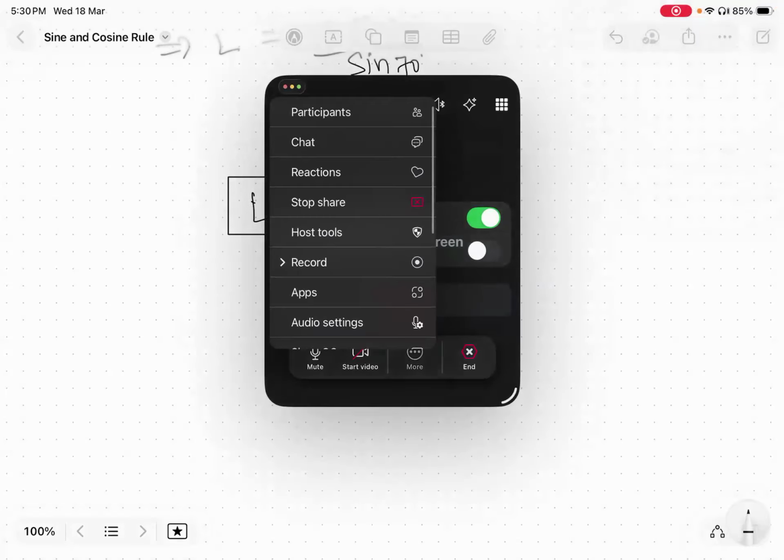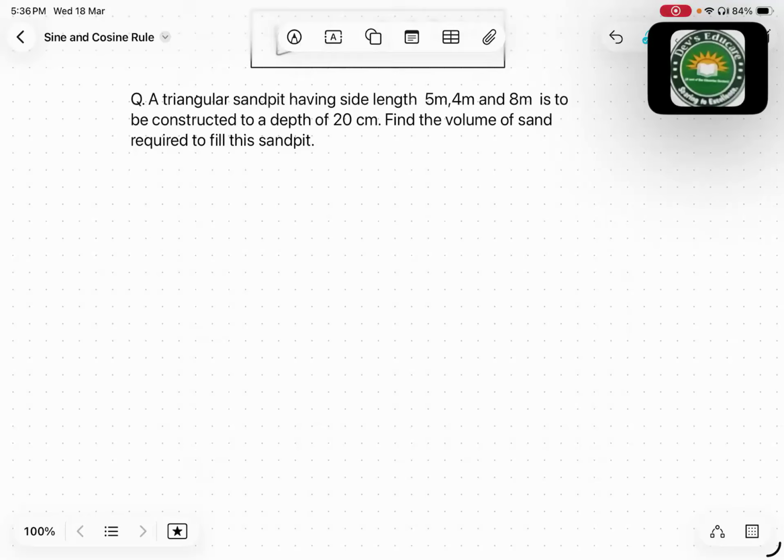Now, the second question we are doing: a triangular sandpit having side lengths 5 meter, 4 meter, and 8 meter is to be constructed to a depth of 20 centimeters. Find the volume of sand required to fill the sandpit.